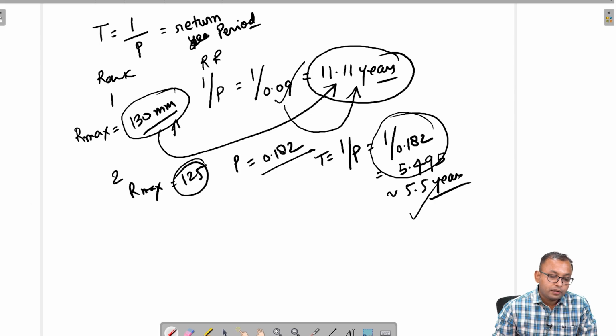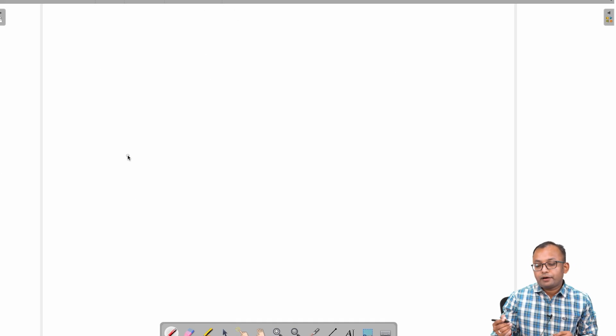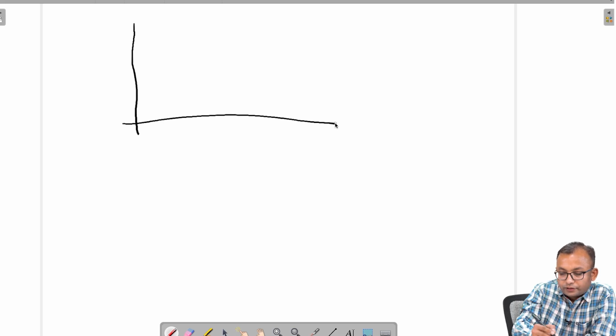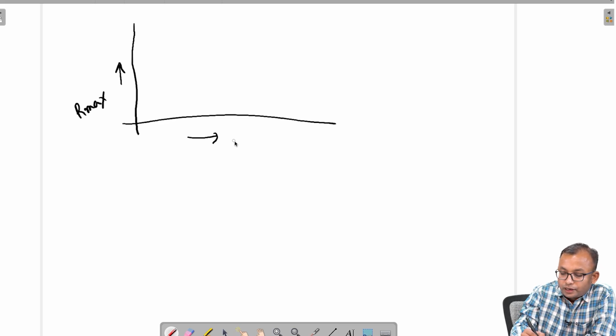For example, let us say we know the magnitude of R max, because we have the data set. So, we know the R max magnitude, and correspondingly we have also calculated the return period.